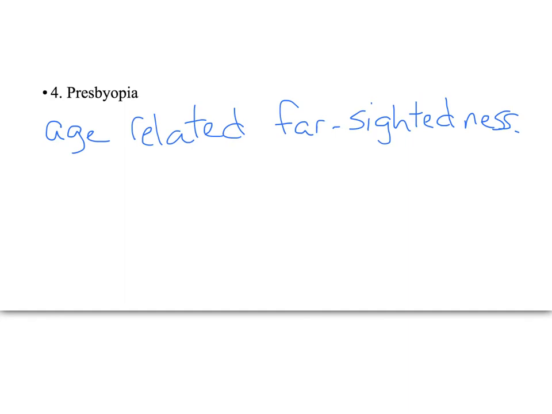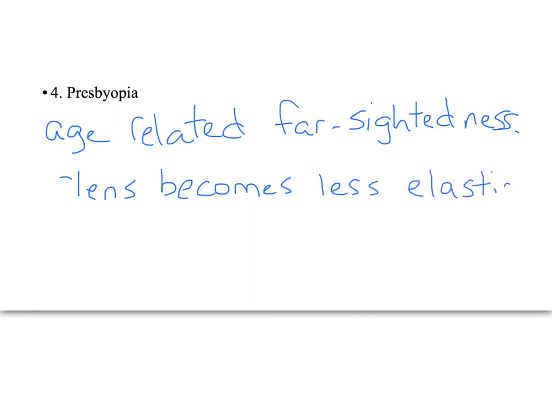That's presbyopia. So the reason that happens is that the lens becomes less squishy or less elastic. So they're losing that accommodation reflex. The whole near-far thing, they're losing that, and so they're more likely to have to wear reading glasses at that point.